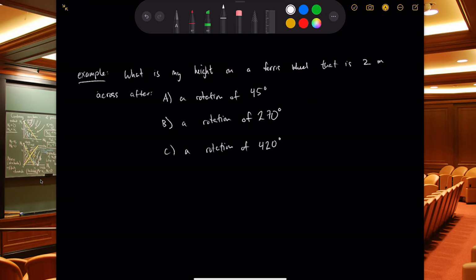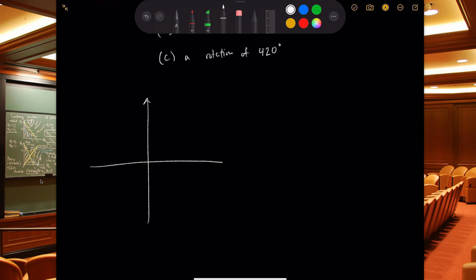So let's look at an example down here. What is my height on a Ferris wheel? Let's say we're pretending we're on a tiny Ferris wheel. Okay, it's only 2 meters across after a rotation of 45 degrees, 270, and 420 degrees. So this is just to kind of get us used to where we're going to be at, as well as how we can measure height.